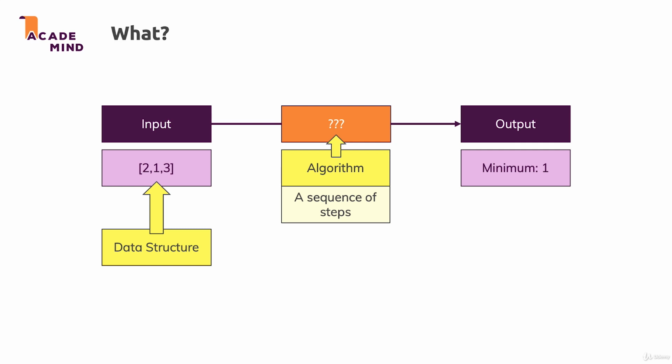In the case of an array, an ordered list of data where every item has an index, and we can work with that data structure to solve a certain problem. So here we see both important concepts on one simple slide. The data structure is something like an array or an object or also maps and sets, and the algorithm is a sequence of steps to solve a problem. That is what this module is about in the end.